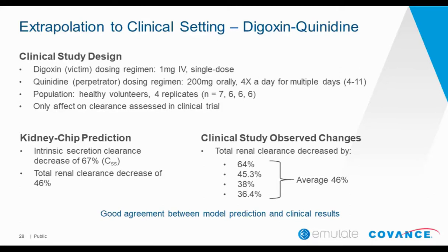The clinical trial across 4 different replicates showed an average total clearance decrease of about 46%. And within the kidney chip prediction, we're actually seeing an intrinsic secretion clearance decrease of 67%. However, when we bring in the totality of the total renal clearance, that matches that which we saw in the clinical state, again 46%.